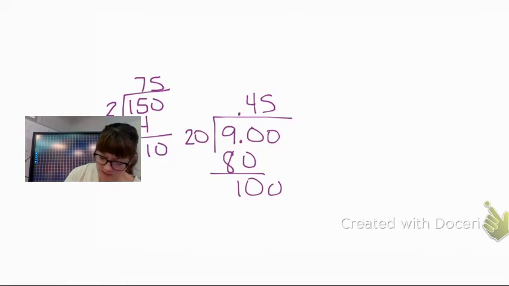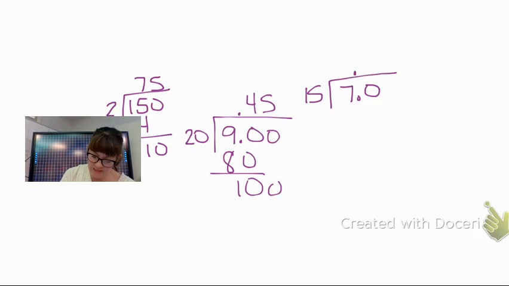I can write that as a decimal. So 7 divided by 15. 15 will go into 7 6 times. Not 6 times. Let's go 4 times. And that is 60.